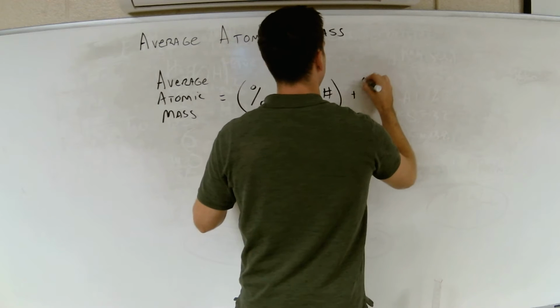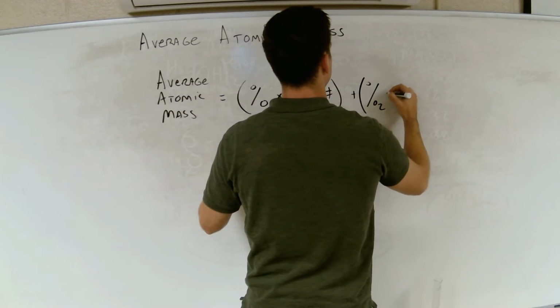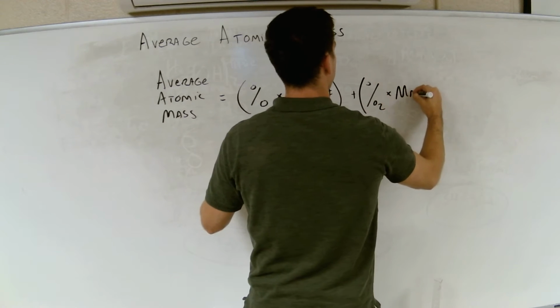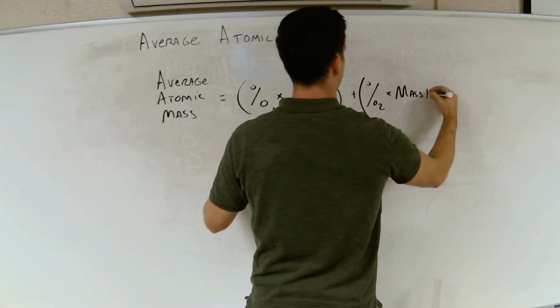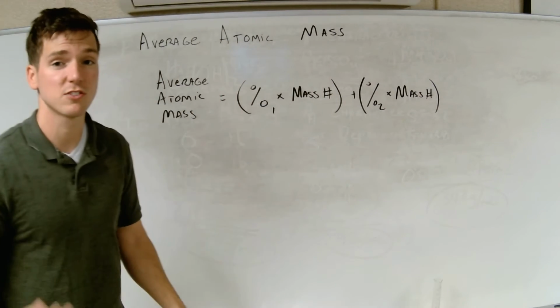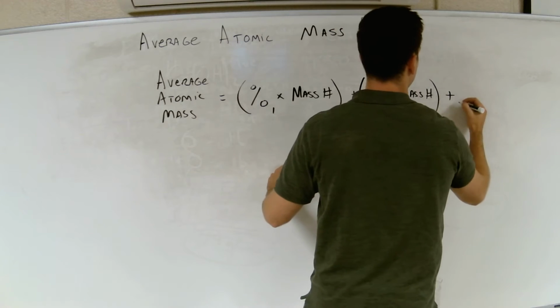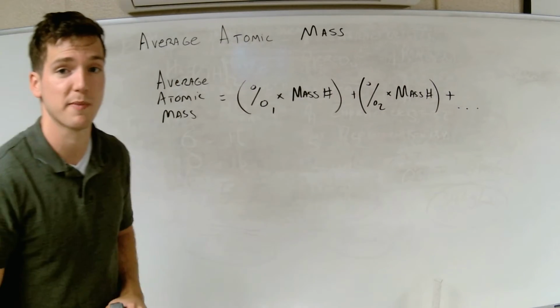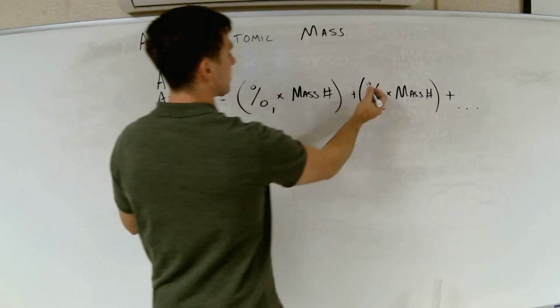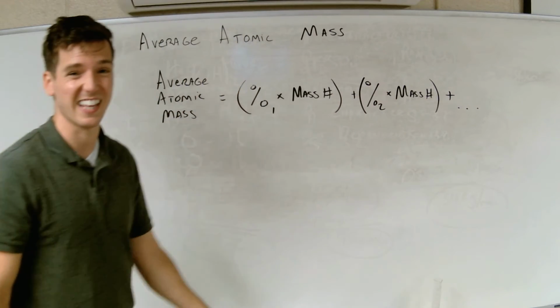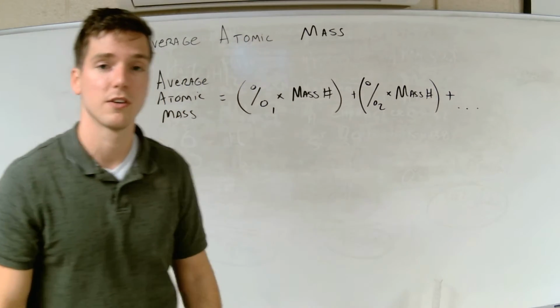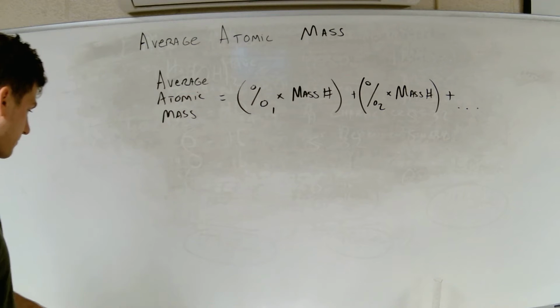And then we add the percent abundance of isotope 2 times the mass number of isotope 2, and so on and so forth for however many isotopes we have. Some elements have 2 isotopes, some have 5. I think lead has 5 isotopes.